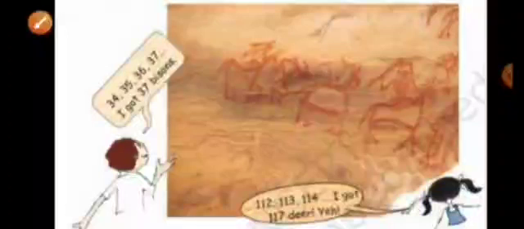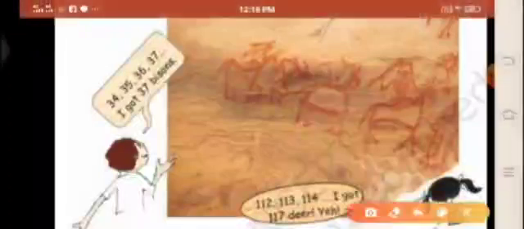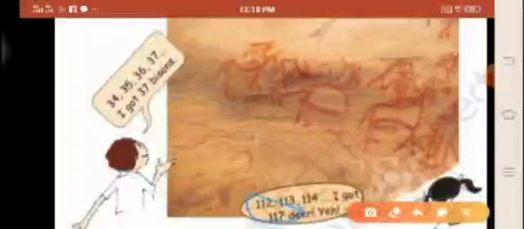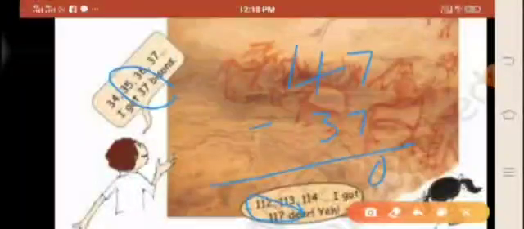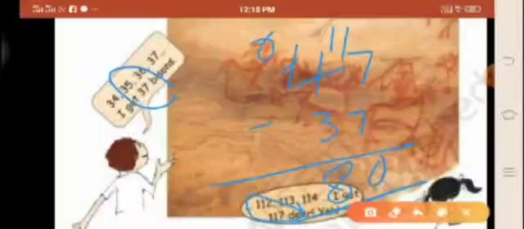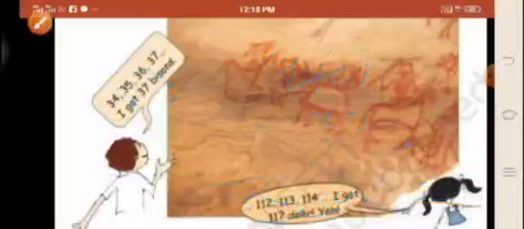So now here we will do minus, 117 minus 37. So how many more deer are there? 7 minus 7, 0. And then 11, 8. 80 more deer are there. Bisons are less and deer are more. Okay, now we will move to the next.